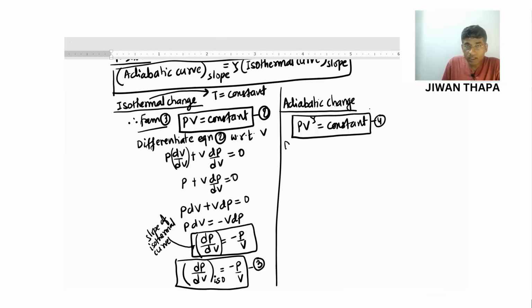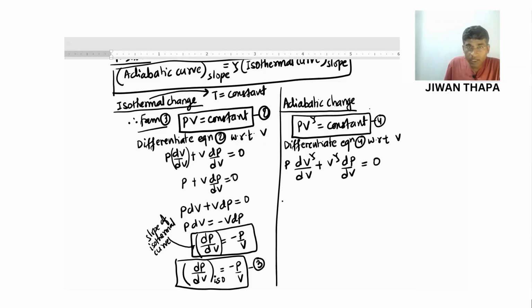Now we differentiate, and we need to understand pressure and volume are variable. So let us differentiate equation 4 with respect to volume. I can also differentiate with respect to pressure. So P d(V power gamma) by dV plus V gamma dP by dV, this equals 0.